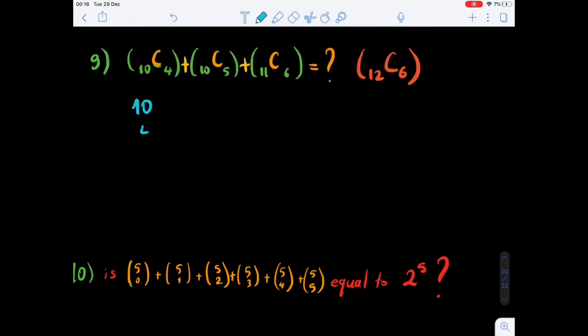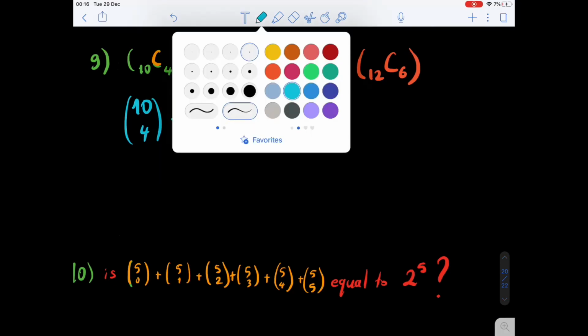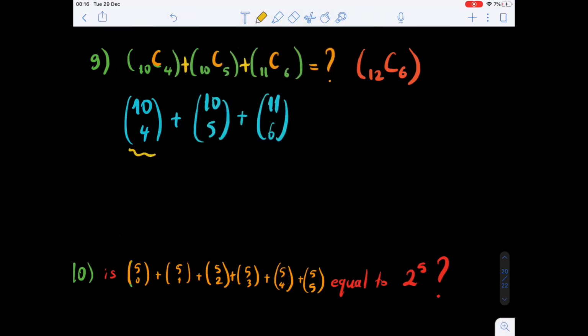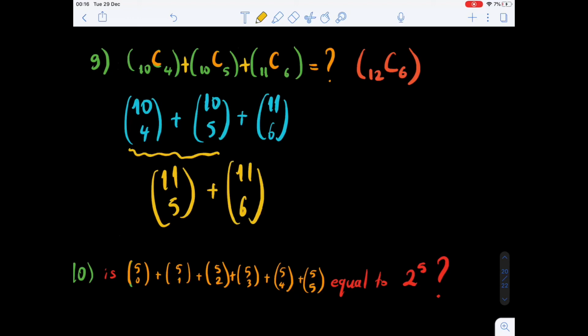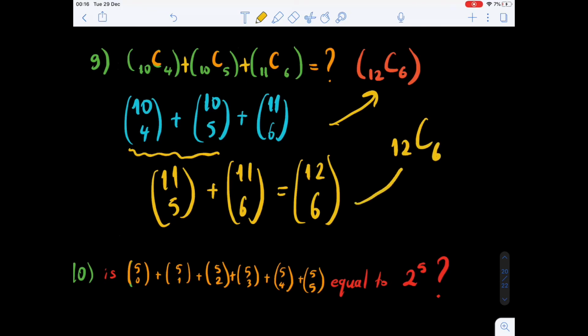So we have 10 choose 4 plus 10 choose 5 plus 11 choose 6, and what we need to clearly see is that the first sum gives 11 choose 5, and then with the second 11 choose 6, we increase the top by 1, 12 choose, and we choose the bigger one for the bottom. 12 choose 6 is going to be the answer.